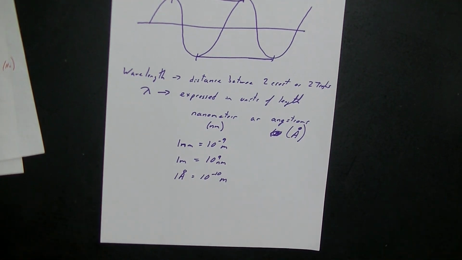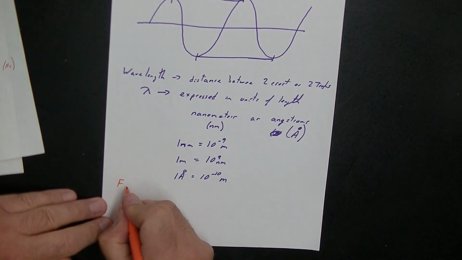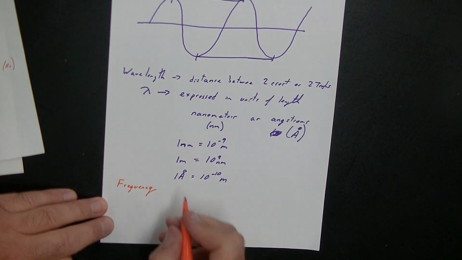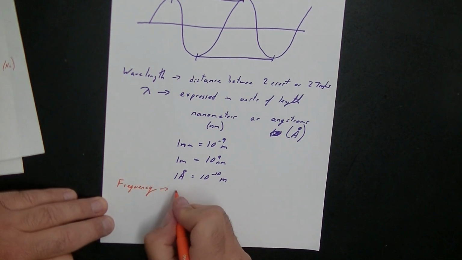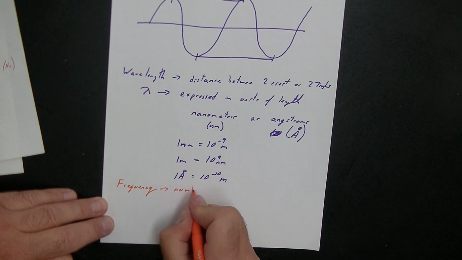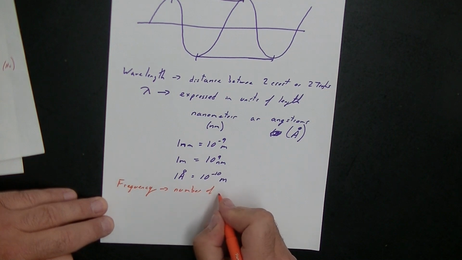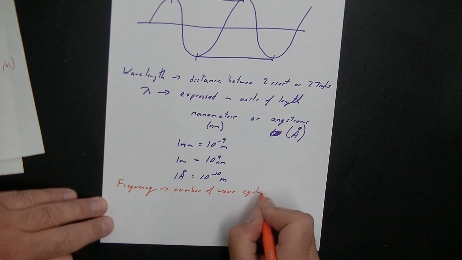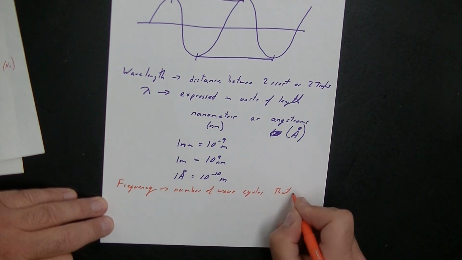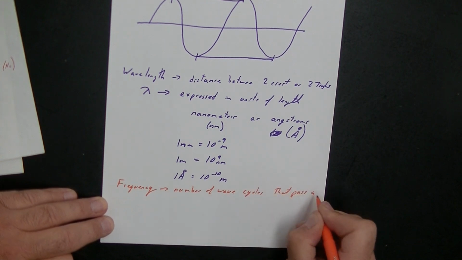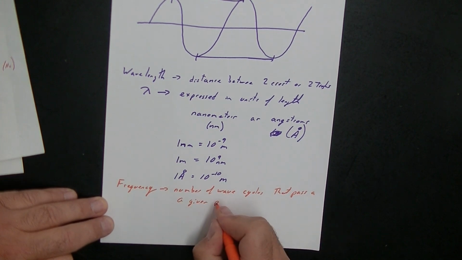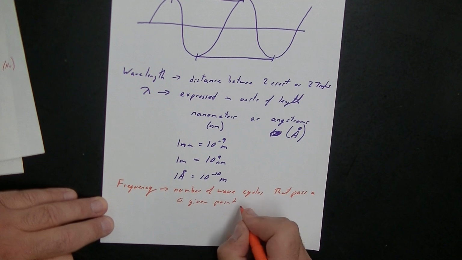Next term we have to quickly talk about is called frequency. And that's the number of wave cycles that pass a given point in a second.